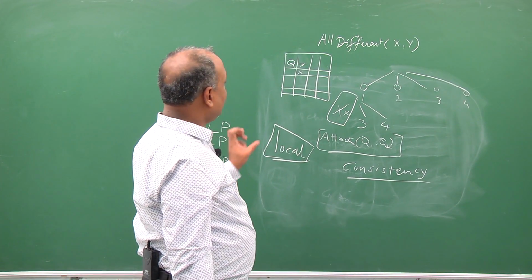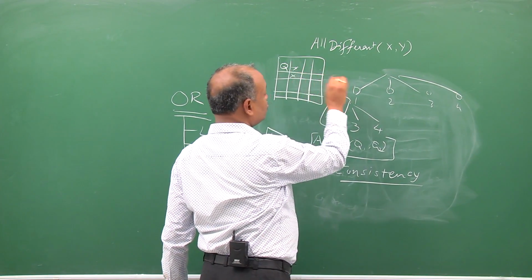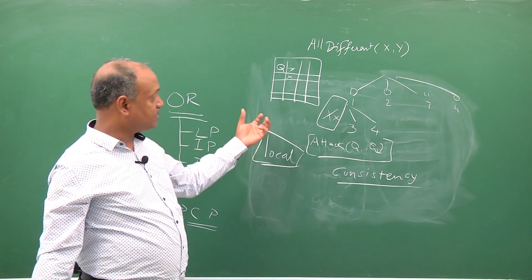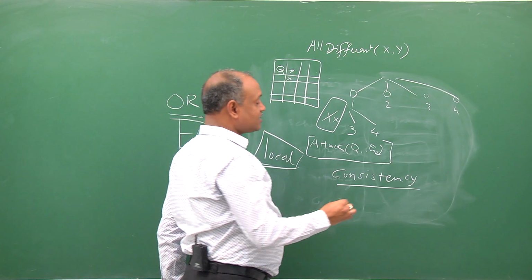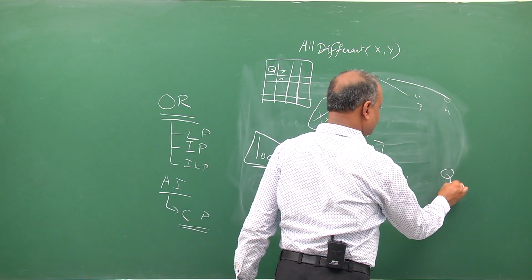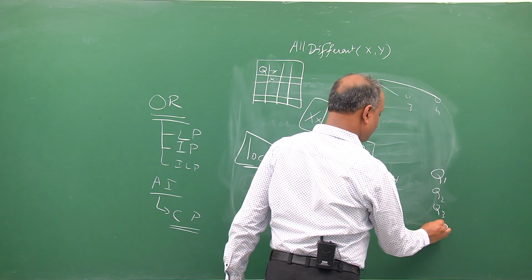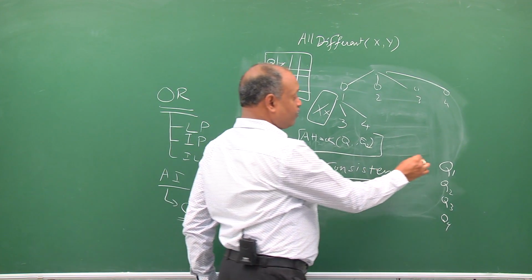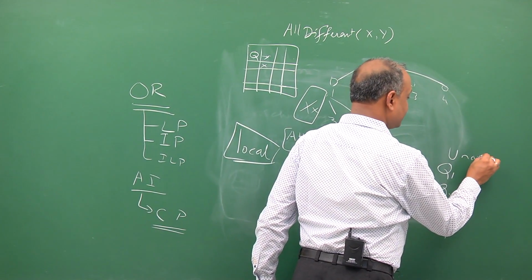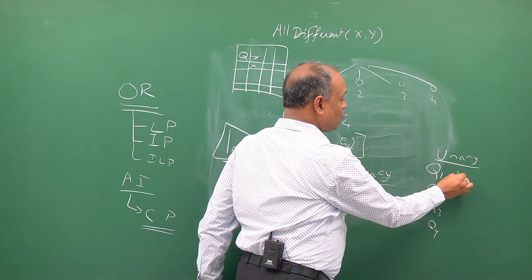So for example, if you take any global solution, let's say Q1, Q2, Q3, Q4, with 4 queens present here, you should make sure that it locally satisfies all kinds of constraints. It could be a unary constraint, saying that a queen can only take values between 1 and 4.